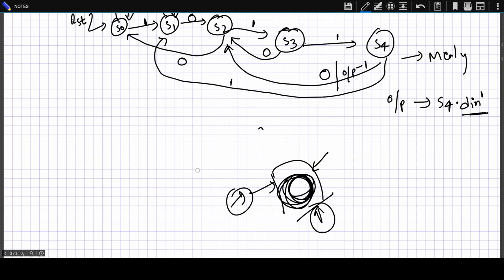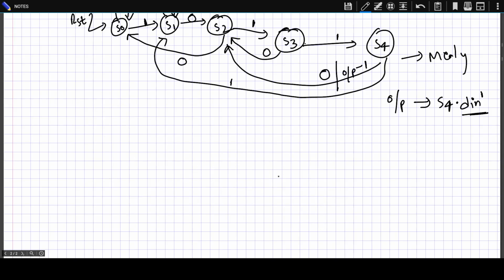That is why D in is considered an external input. So a Mealy machine is one where the output equation contains external inputs.